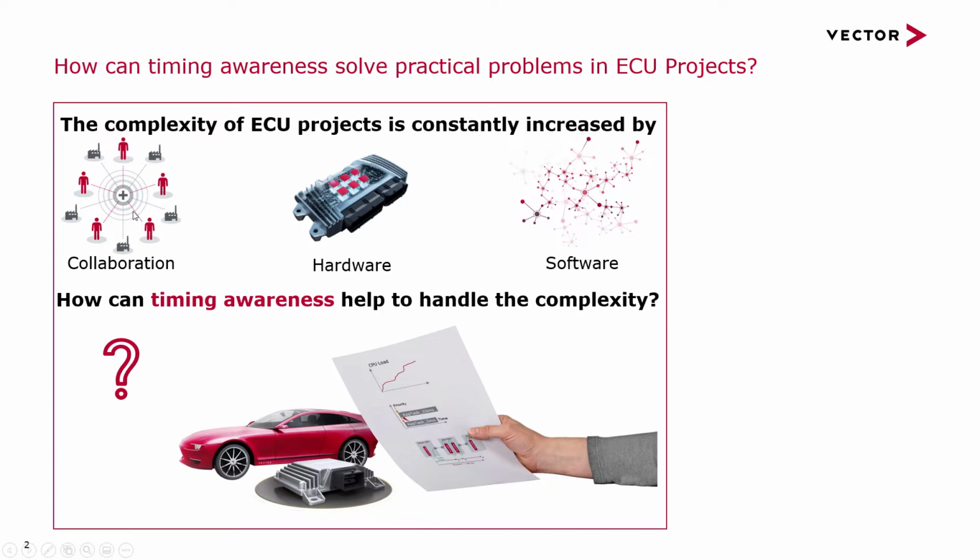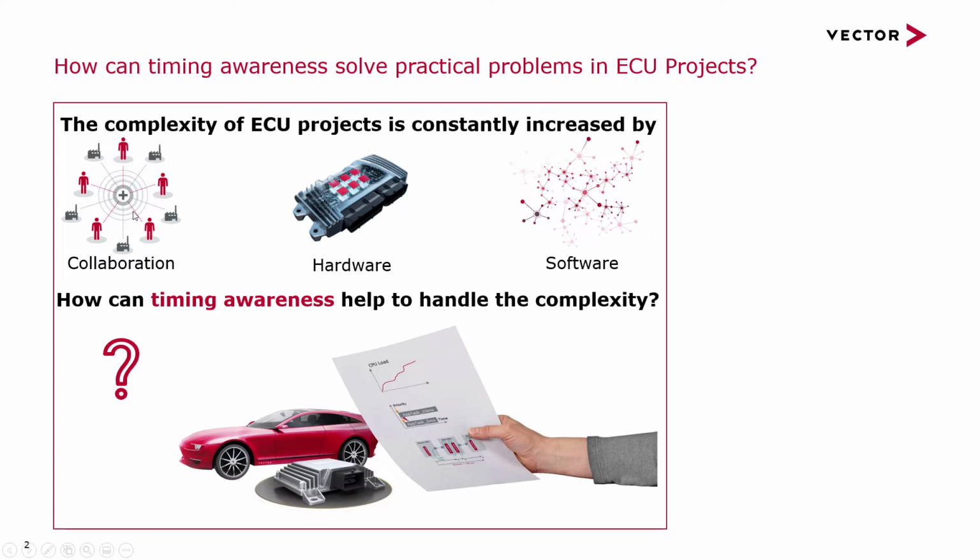Meanwhile, it's quite common that there's one software supplier responsible for the integration of the software, but maybe he doesn't develop all the software components on his own. There might be software components that come from third parties, components that you develop on your own, but also some components that are provided by the OEM himself and need to be integrated. And all these software parts need to work together.